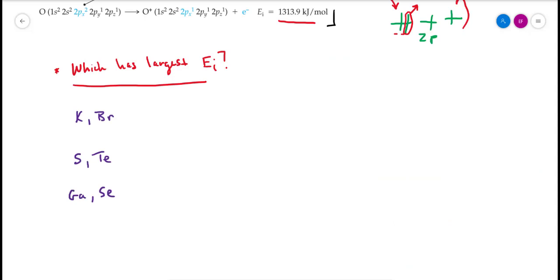So let's look at a few examples here and see if we can use our knowledge of electron configurations and periodicity to predict which one of these pairs of elements is going to have the largest ionization energy. So pause the video and think about what we know about periodic trends and electron configuration to try to assign some of these. And when you unpause the video, I'll have these already worked out.